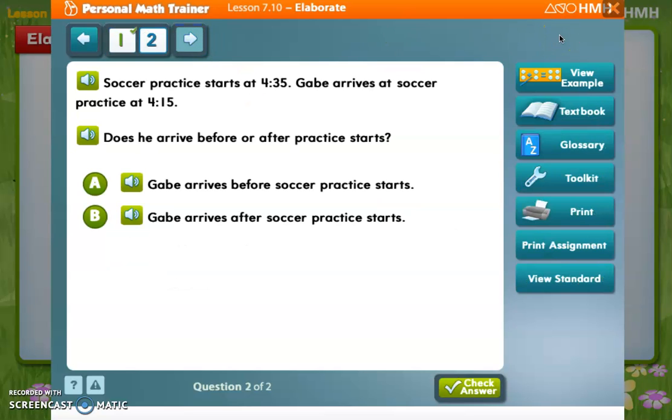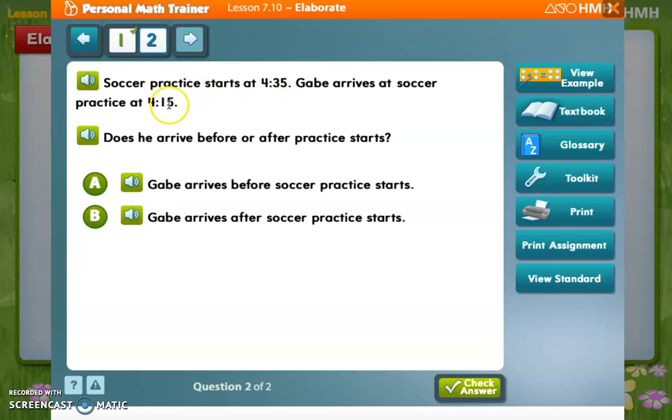Soccer practice starts at 4:35. Gabe arrives at soccer practice at 4:15. Does he arrive before or after practice starts? So let's think about this one. If we had a clock, we both know that the hour for both times is 4. So if we were to look at a clock, the hour hand would be pointing between the 3 and the 4, right? Now we would count on the minutes and see which one comes first. So we're going to count on by 5s. 5, 10, 15.